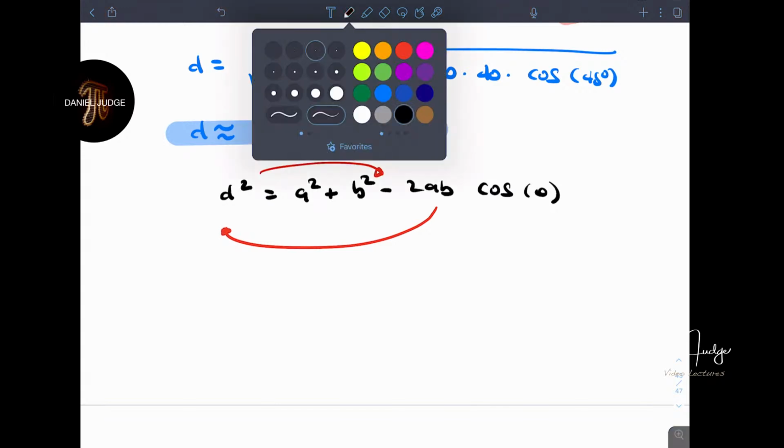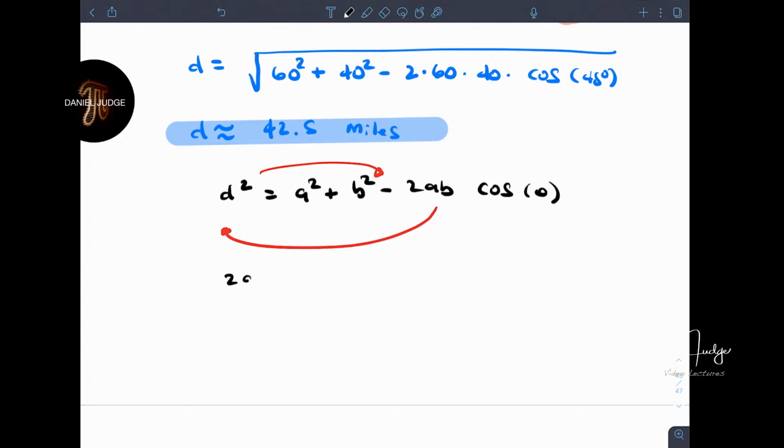So let's do some algebra. 2ab cosine theta becomes a squared plus b squared minus d squared.